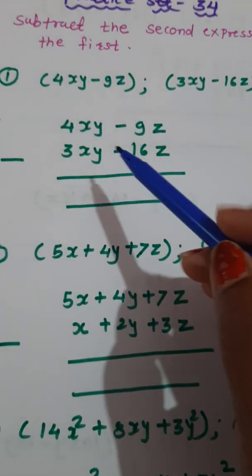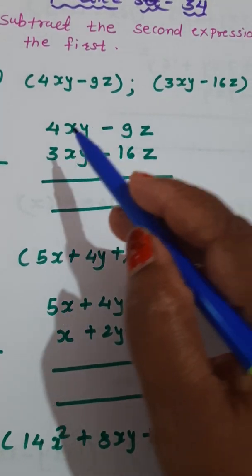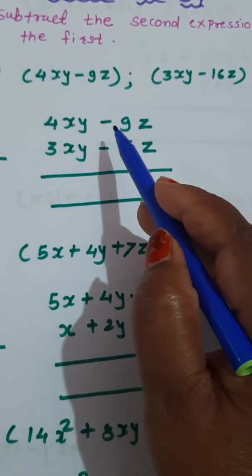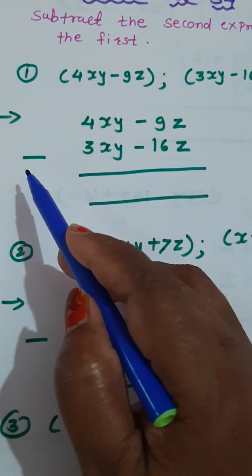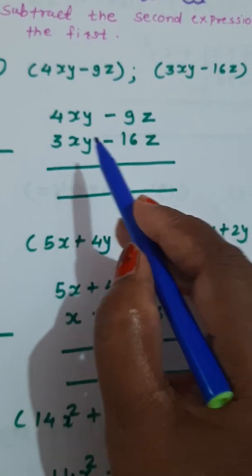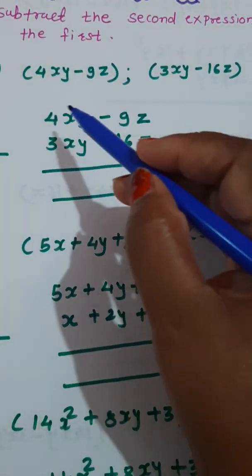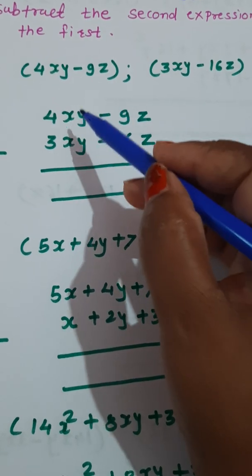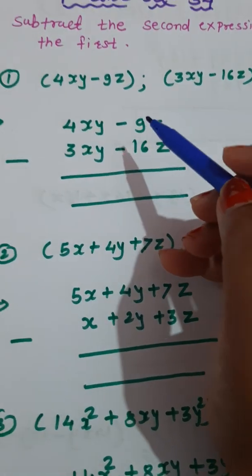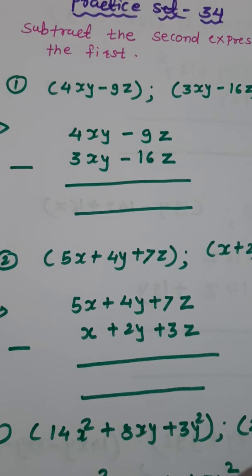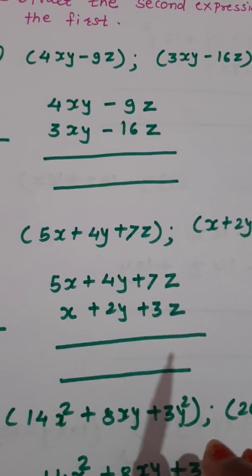So here I have arranged the problem vertically. Check, the like terms should be one after another because we can add or subtract only like terms.